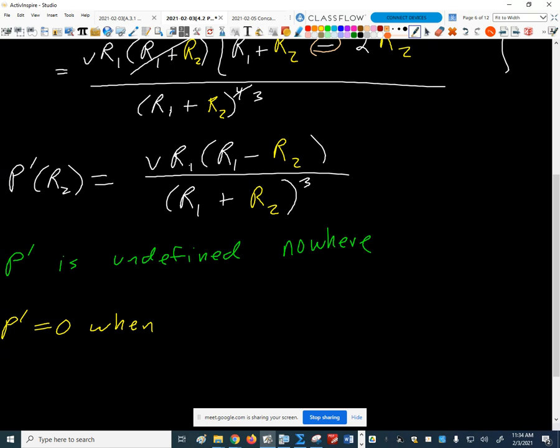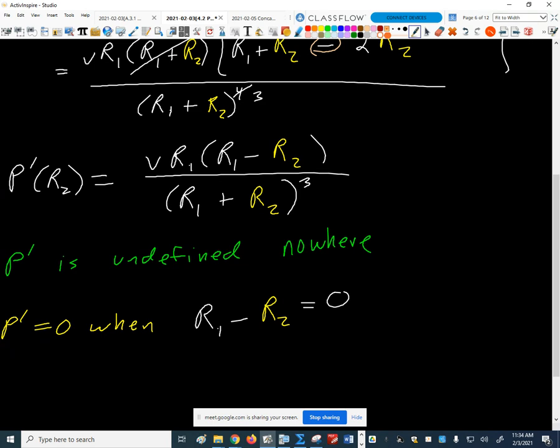Right. So when would R1 minus R2 equals 0? Remember, R2 is the variable. R1 that's a constant, right? That's set in stone. What value would R2 have to have for that difference to equal 0?